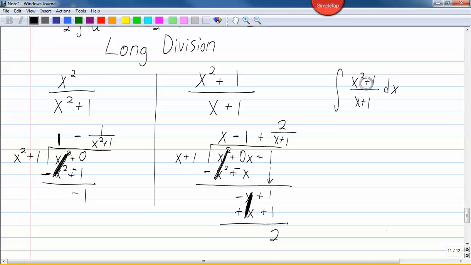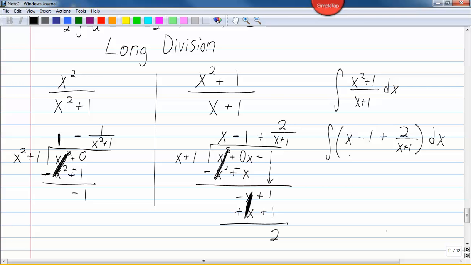So once you do long division, you can rewrite your integrand as x minus 1 plus 2 over x plus 1 dx. So now I can integrate each term separately.